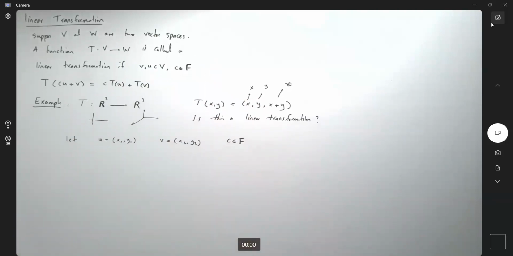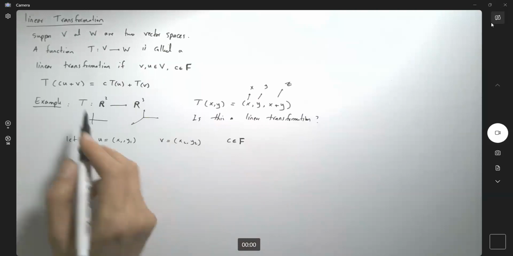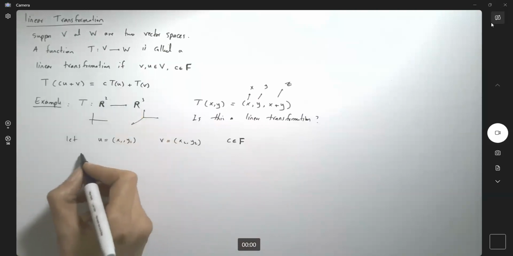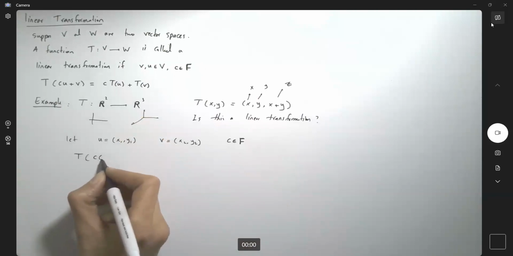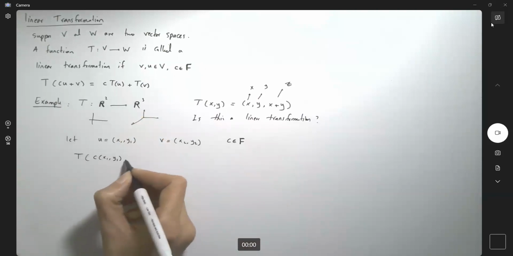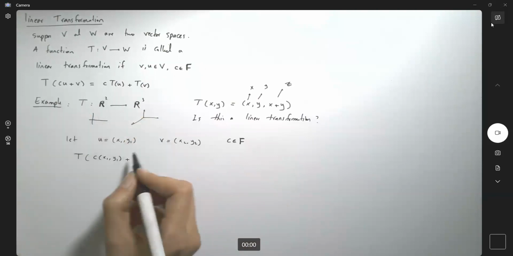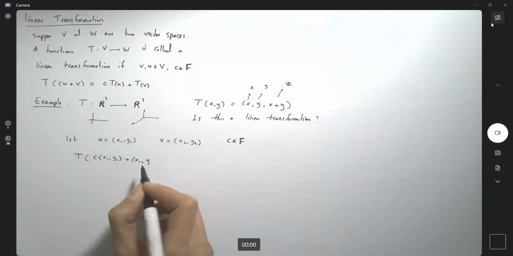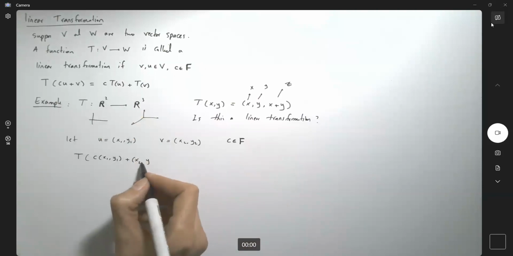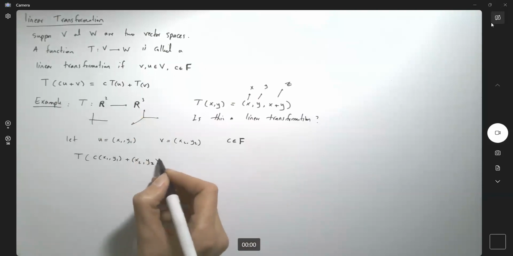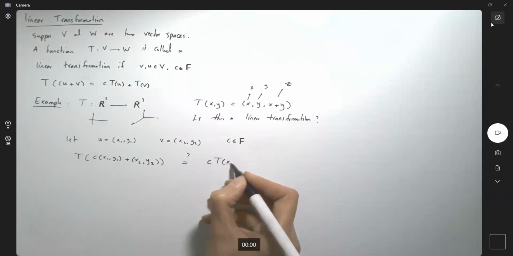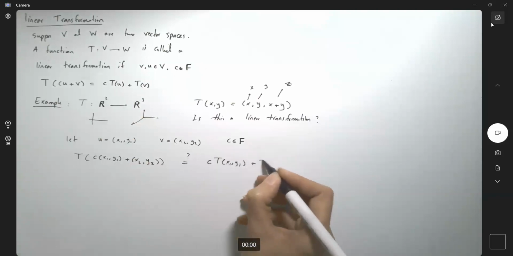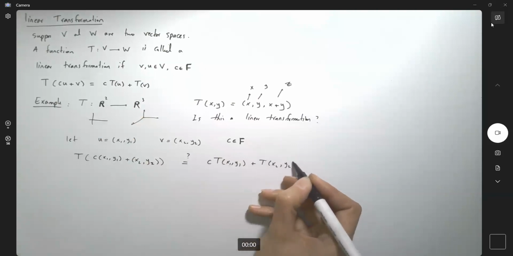So let's check to see if the left-hand side is equal to the right-hand side or not. We are checking to see if T of c(x1, y1) plus (x2, y2) is equal to cT(x1, y1) plus T(x2, y2).